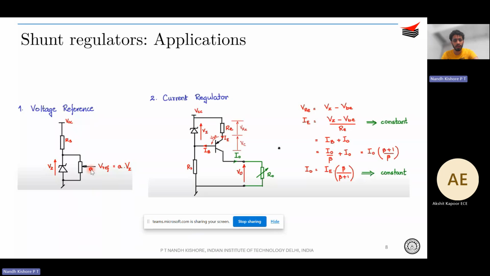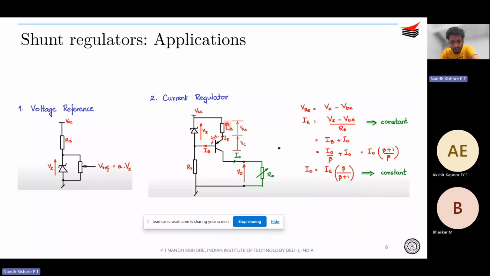Another application is your current regulator, right? In the same circuit, a BJT with its emitter resistance was added, a PNP BJT, and of course the collector is connected to this load. In this case, the idea is that your VZ is constant over here. Therefore, your VRE is going to be constant, because VZ minus VBE will be your VRE.